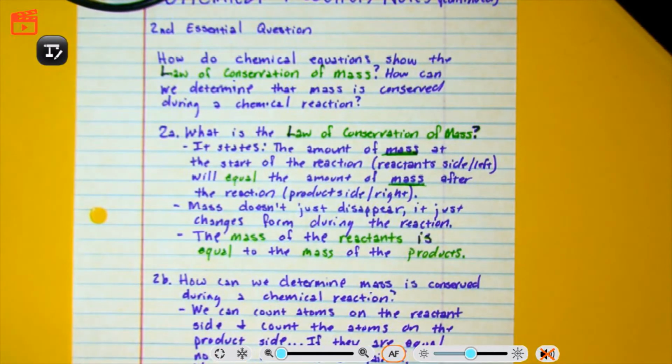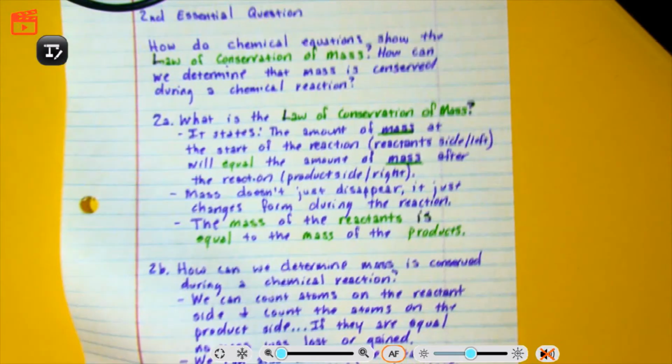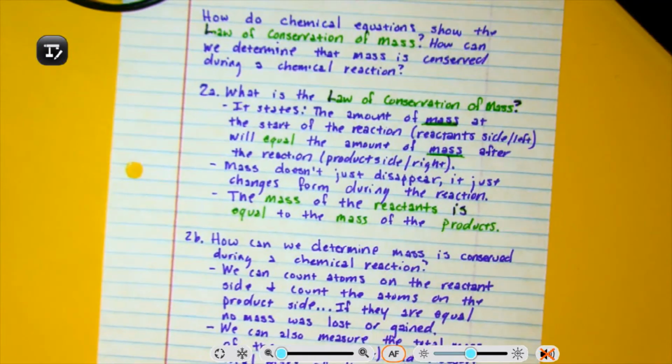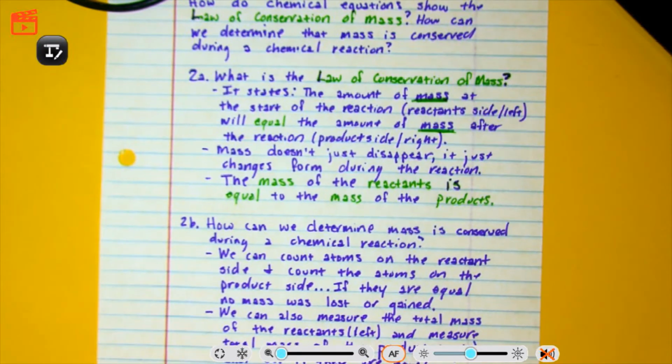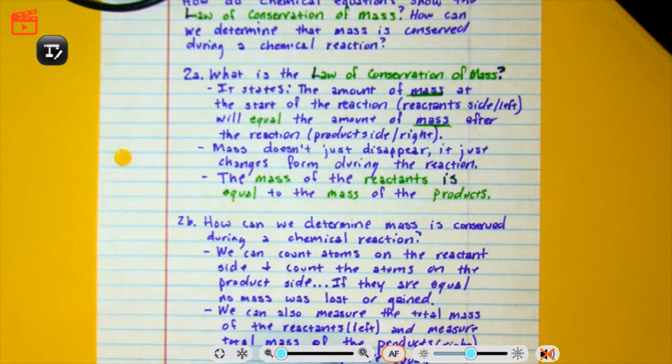So whenever we look at our chemical equations all together, we can look at their mass, and their mass is down here, and we can look at their atom amount, and if they equal, then we know that follows the law of conservation, right? So now we're going to do some practice problems on this, and we're going to do that together.